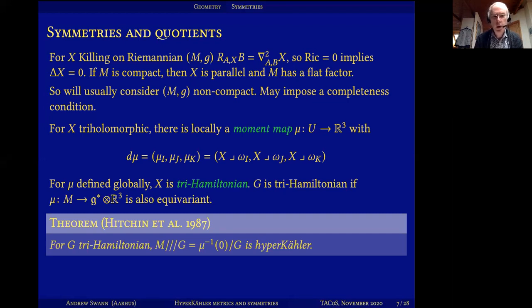But what happens in general is that this quotient is a union of pieces, and each piece is hyperkähler. So it's not quite stratified, but it has a decomposition into hyperkähler pieces with various parts lying in closures of other parts. So there's an open dense set here that is a hyperkähler manifold.